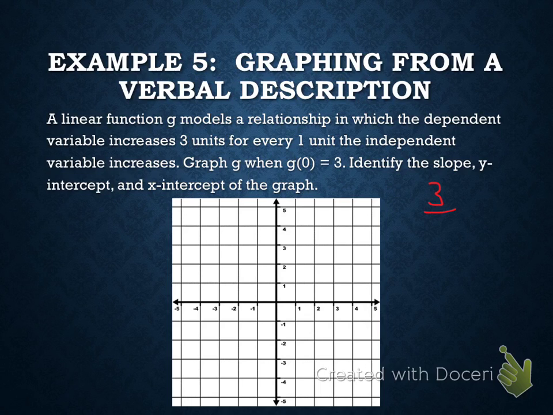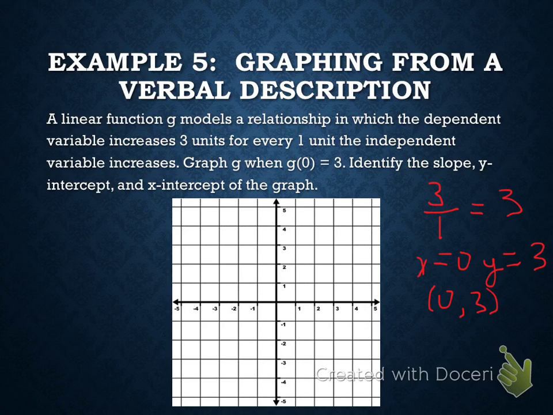So that's over 1, or just 3. Now it says to find the y-intercept. The statement g of 0 equals 3 indicates that when x equals 0, y equals 3. So the point (0, 3) is going to be that intercept. So the y-intercept is 3.